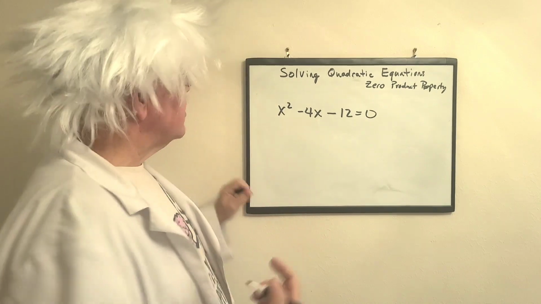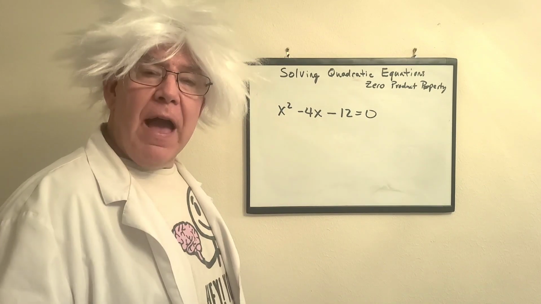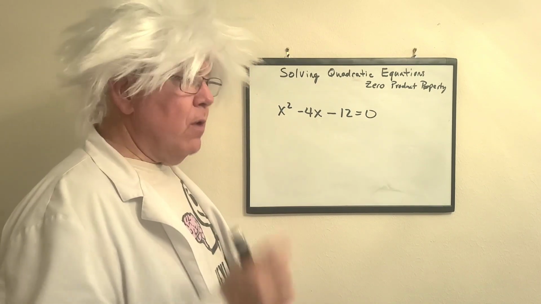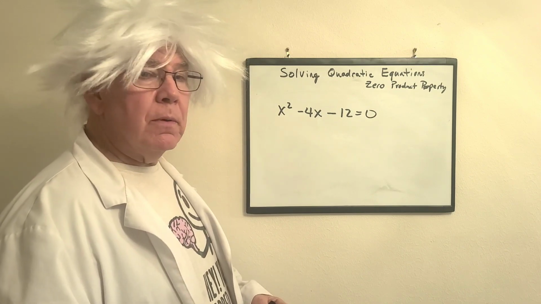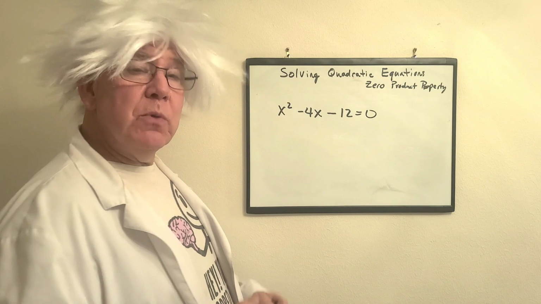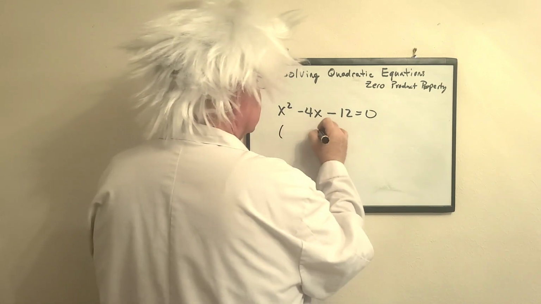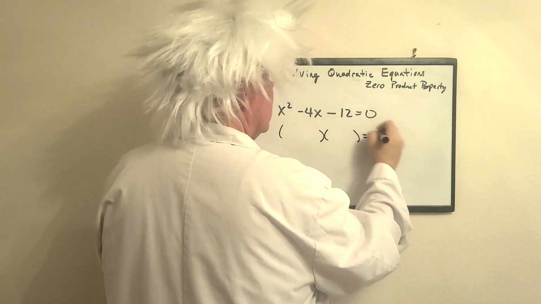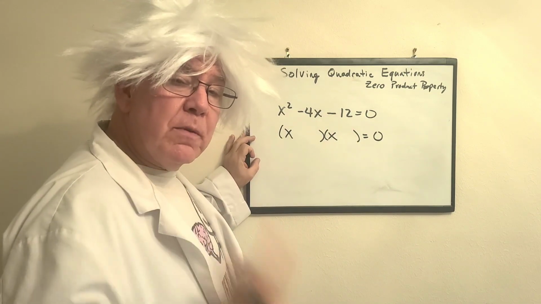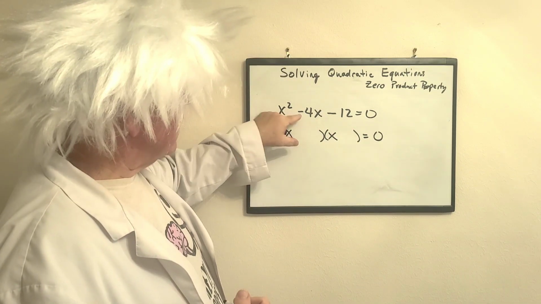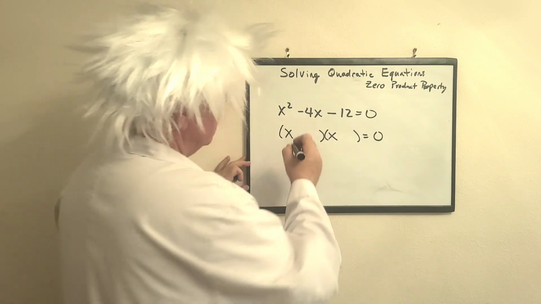So what are the factors of 12 whose difference is 4? Well, we have 1 and 12. That's 11. Nope. 4 and 3? Nope. What about 6 and 2? But the question is, does the 6 go with the minus or does the 6 go with the plus? The larger number is negative.